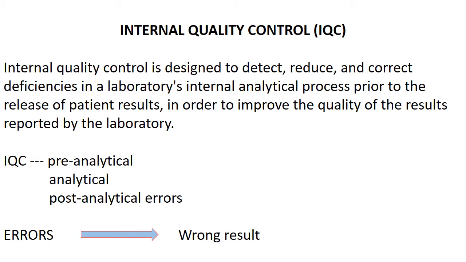Now we move on to the first part of quality control, that is internal quality control. Internal quality control is the study of errors and introduction of procedures to recognize and minimize them. The errors include all those that arise within the laboratory, that is between the receipt of the specimen and dispatch of the laboratory reports.